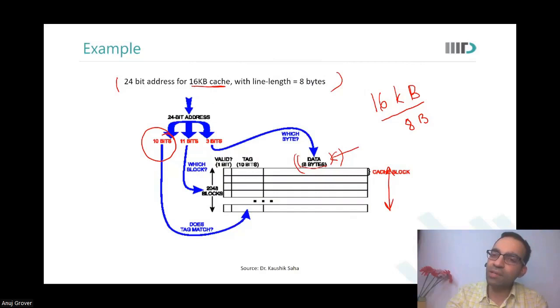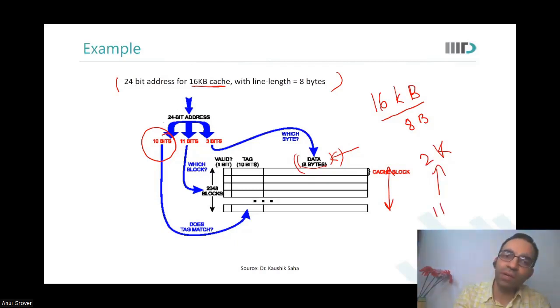How many lines can be there? 2K lines. Now, if you had to decipher 2K lines, how many address bits would you need? 11. Do you see, the 24-bit address bus got split as 10 bits for tag, 11 bits for block selection, 3 bits for byte selection in a given block.